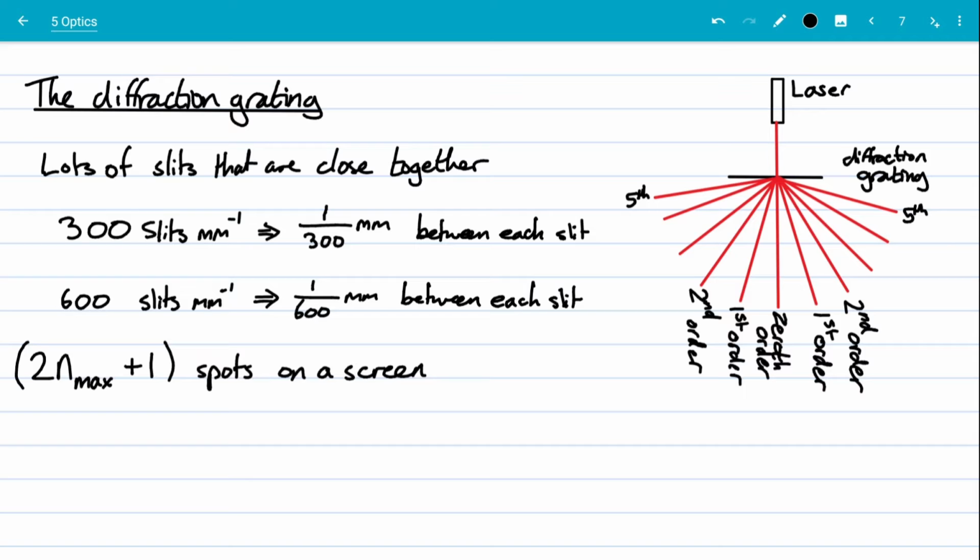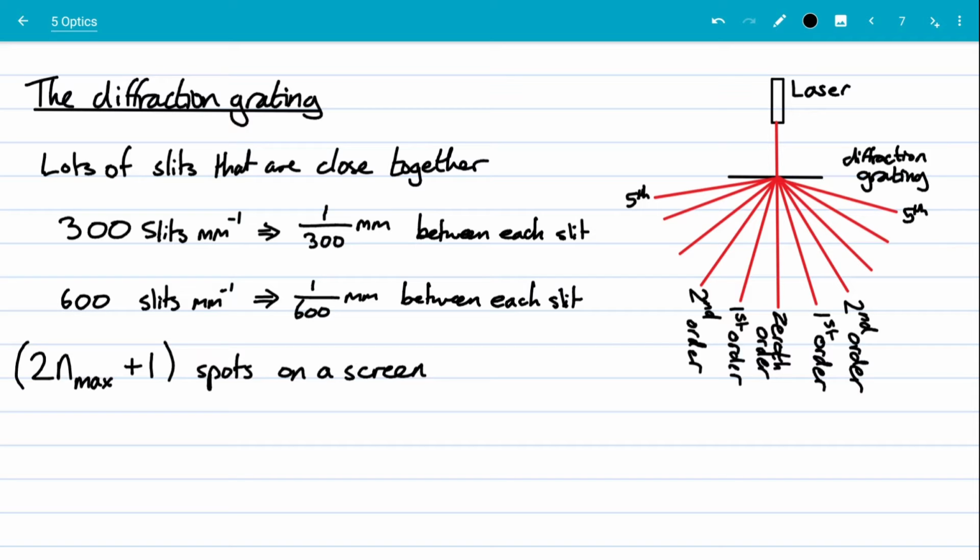Okay. And there are angles between these orders, and the angle between the orders we can calculate. So we're going to derive an equation. But first of all, let's try and understand the physics of what's going on.